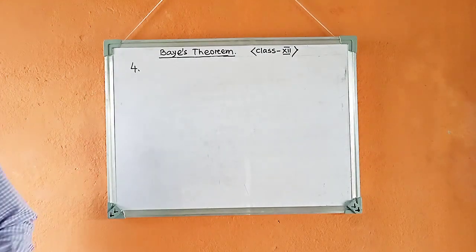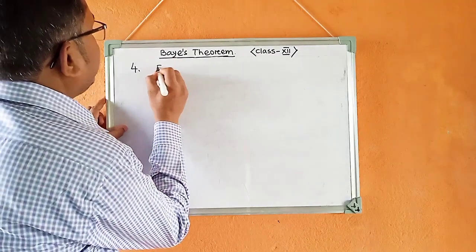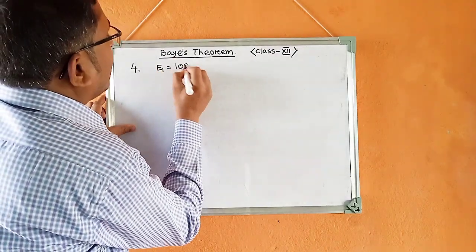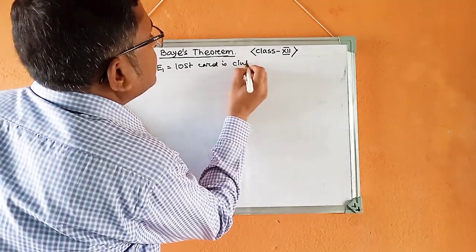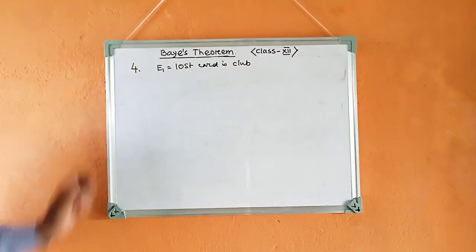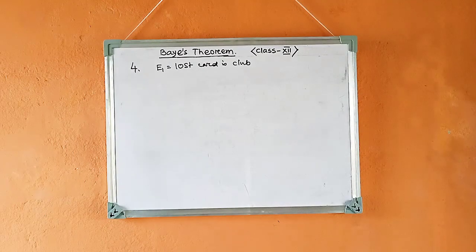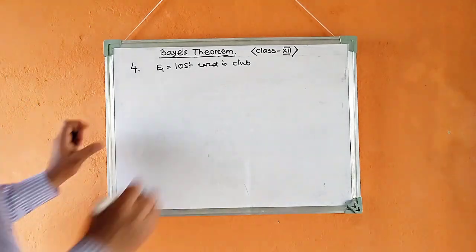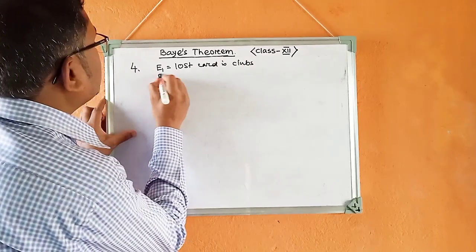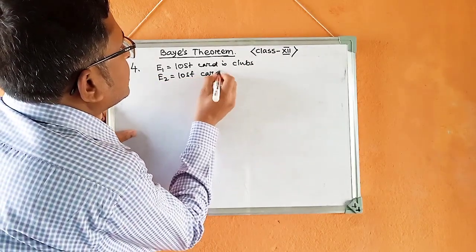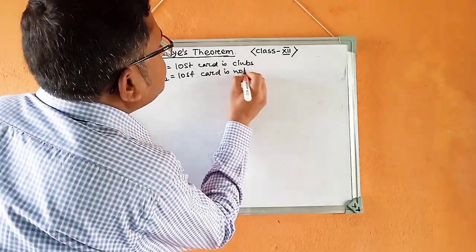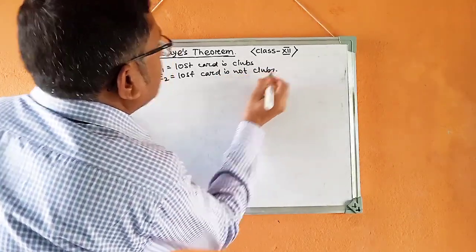Now listen, there are 3 events. Event E1: the lost card is a club. Event E2: the lost card is not a club.